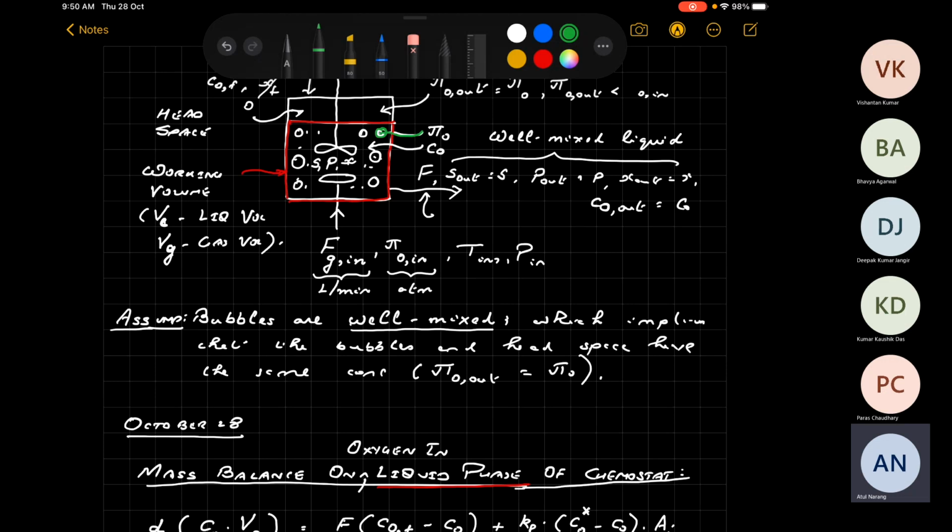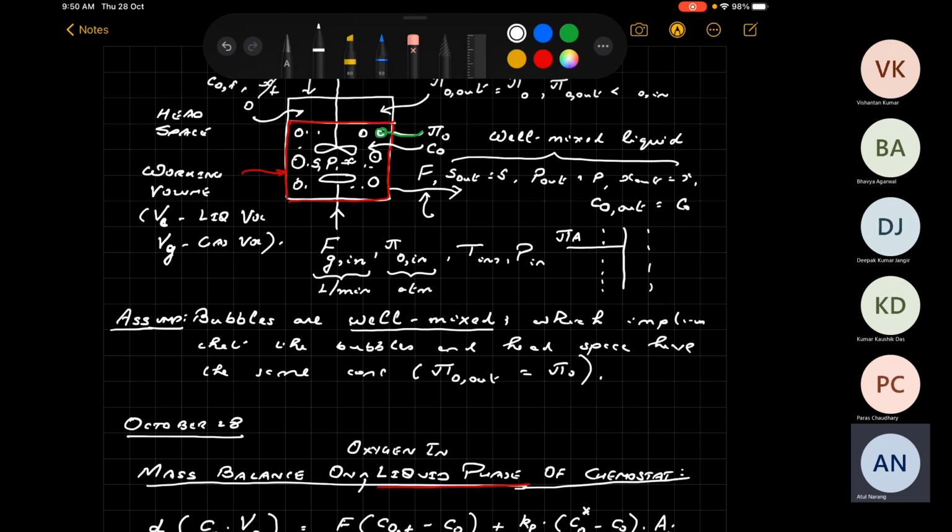So essentially, if I draw the picture again, on the left side you have the bubble, where the concentration is equal to pi A all the way to the end with no drop whatsoever, even across the film.